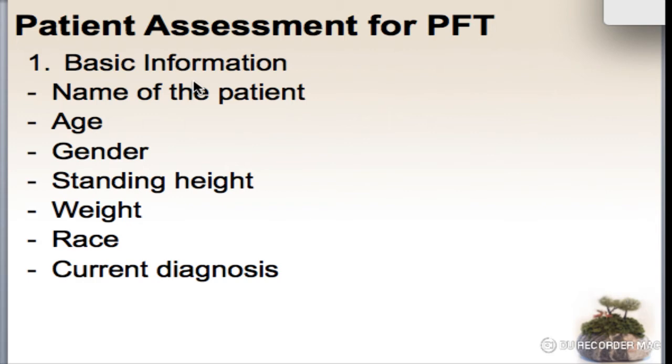So, patient assessment for the pulmonary function test. We have the basic information such as the name of the patient and the age, because as the patient gets older, the interpolated data is adjusted by the software. Above 6 years old, the lung capacity is different. The gender also correlates with lung volume and capacity.